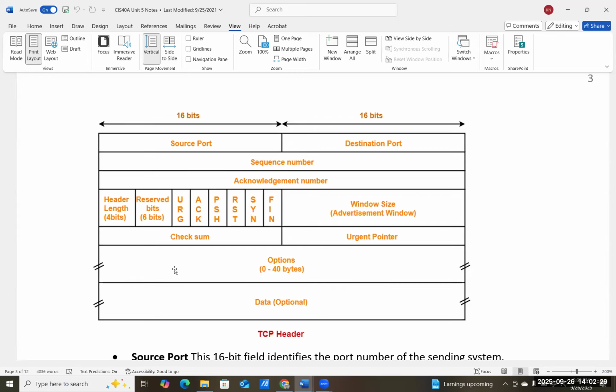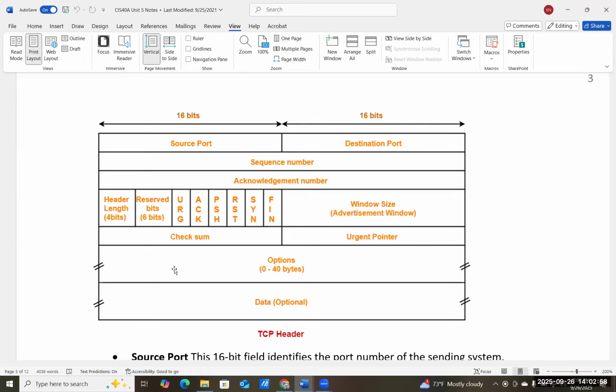If it's doing acknowledgement, that bit is turned on, and that's how it's able to see that the flag is set. If it's 0, that flag is not on. And if it's urgent, it's going to use a pointer, which ultimately is a location where it has the information for the urgent packet.